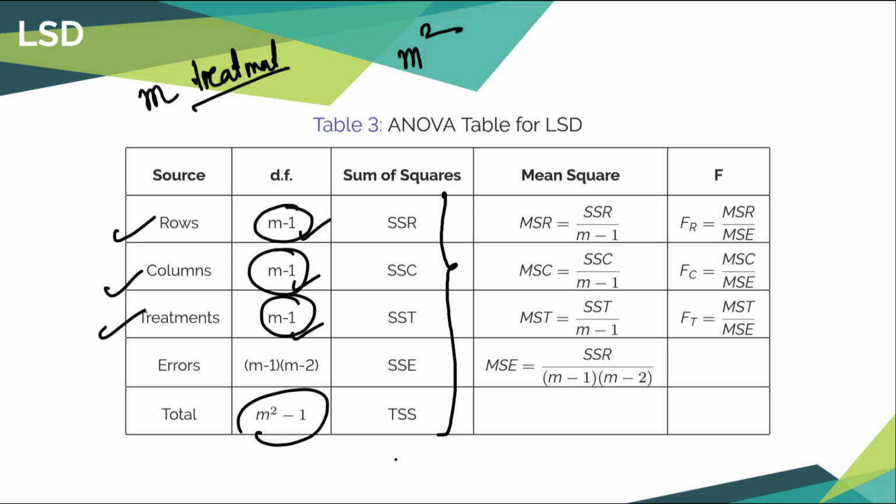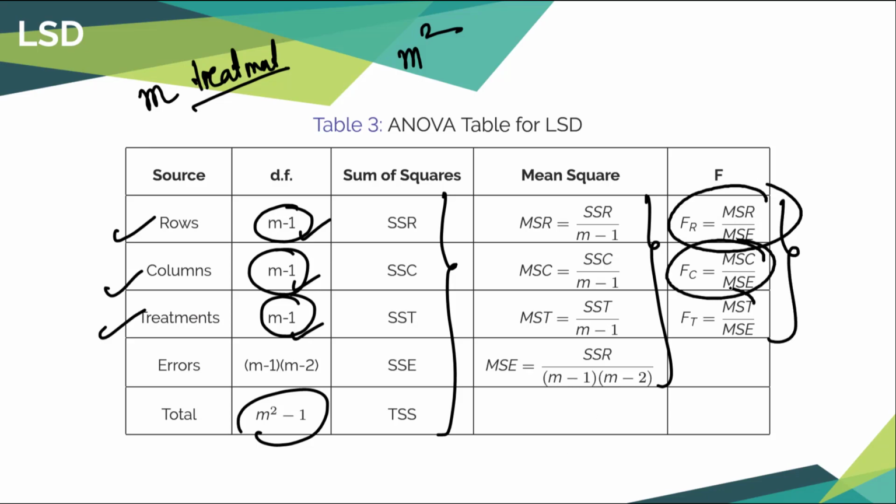The next step is to calculate the sum of squares. Once you get the sum of squares, you will calculate the mean square. Once you get the mean square, you will calculate the F. And conclusions are drawn similarly to RBD or CRD. You will compare them with the corresponding tabulated value and draw the necessary conclusions, right?